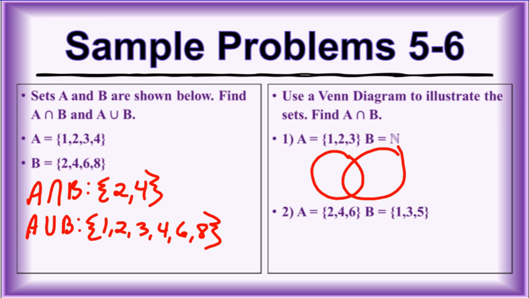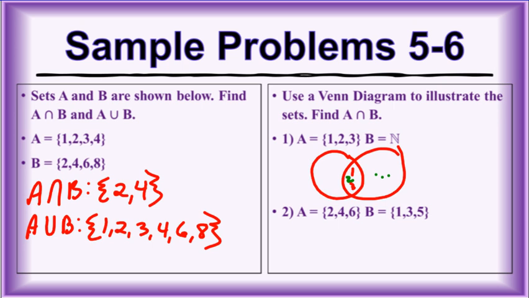So in sets, N, remember, is natural numbers, so 1, 2, 3, 4. So 1, 2, and 3 are in both of these. That's what you have in common. Here you'll have way more numbers in this one over here, so we can continue on, but we don't need to put those in there.